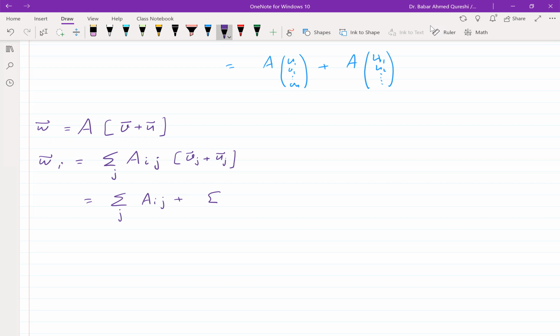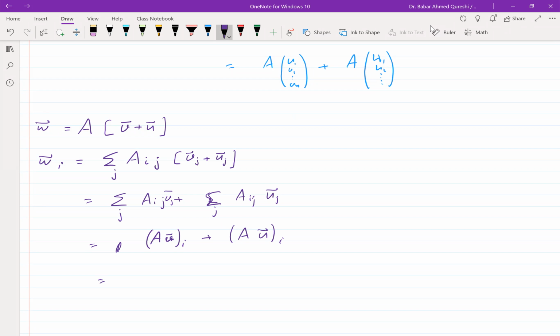I can split these sums like this, and this is just the ith component. This by definition is the ith component of A acting on U, and this is by definition on V, and this is by definition the ith component of A acting on U.